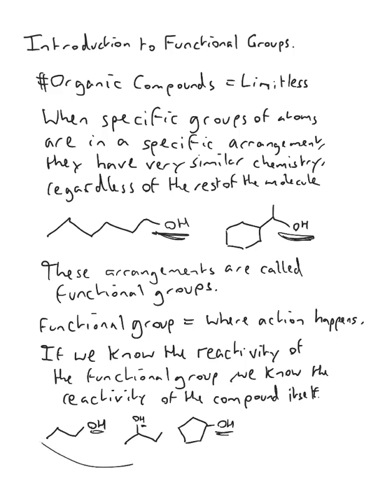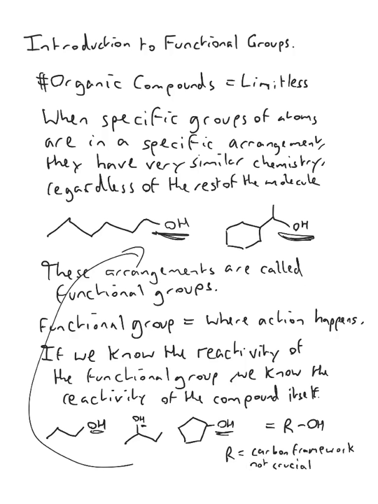Even the ones up here, they all have an OH group. Well, we can summarize every single one of those compounds with just ROH, where R is the carbon framework that is not crucial to the system.